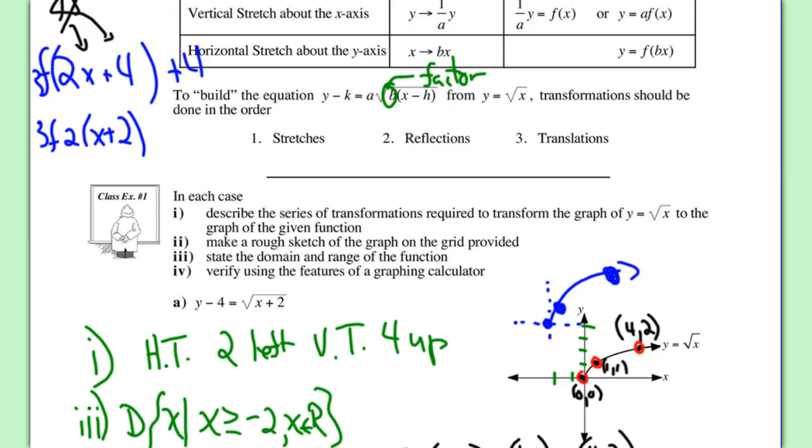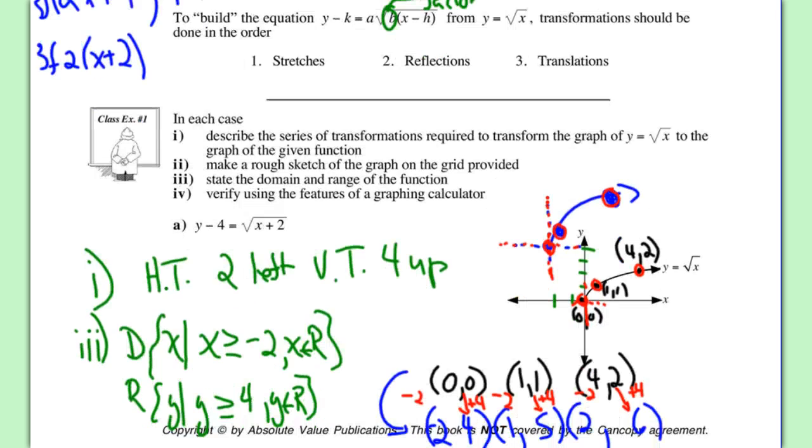And one of the ways, and I might have mentioned it before, that I take care of business is if I know my critical points, I can just draw what I call crosshairs, an imaginary set of axes, and I move what used to be the origin here, and I just set up a new set of axes over here, and I now graph on this new axis (0, 0), (1, 1), and (4, 2). Instead of moving every point, I just graph my critical points over there.